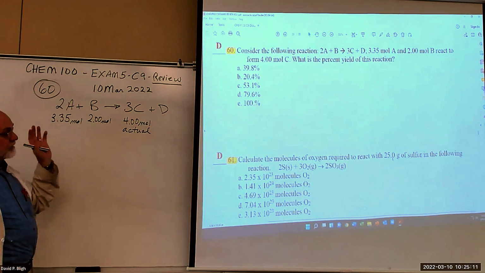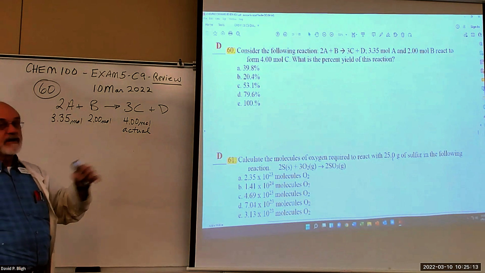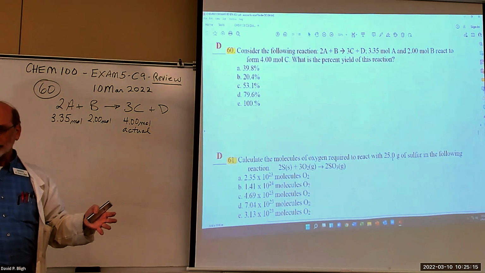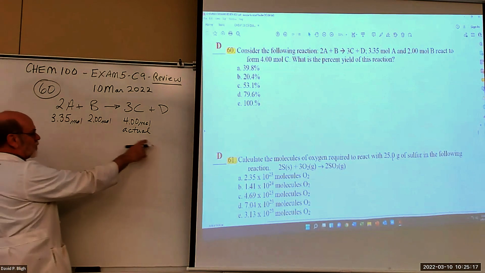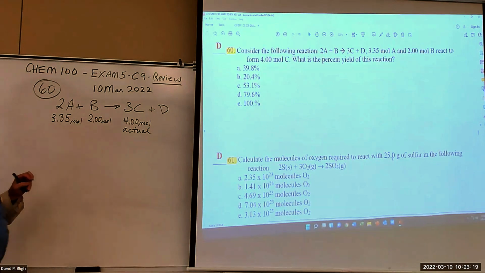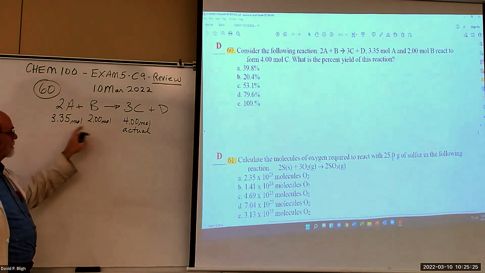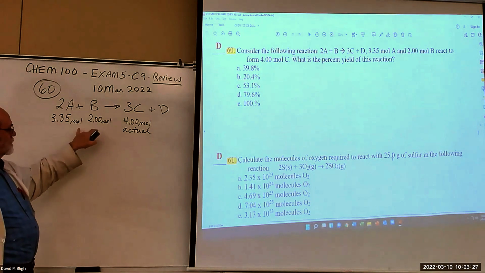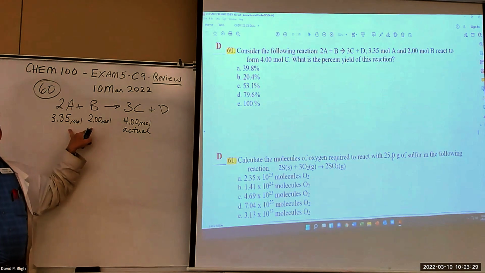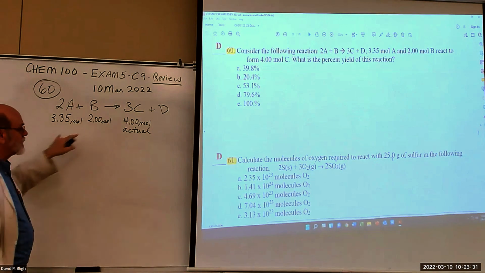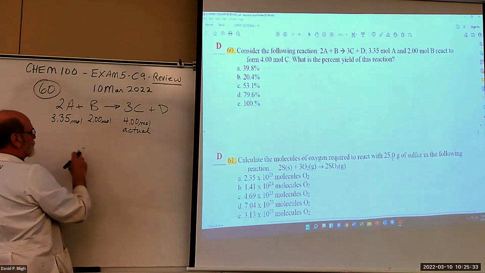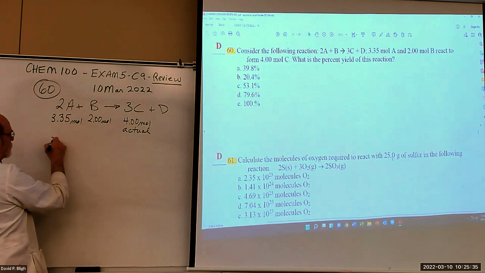And since that's all the information you're given, you have to go with it. So if this is actual moles, we just need to find out what is the theoretical moles of C. Right? And we can do that from here. But these are given amounts, so one of them is going to be limiting. So how many moles of C can be produced from A?